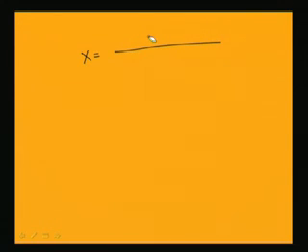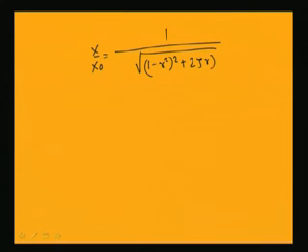So, one can write x by x0 equal to 1 by root over 1 minus r square whole square plus 2 zeta r whole square, and tan phi equal to 2 zeta r by 1 minus r square.